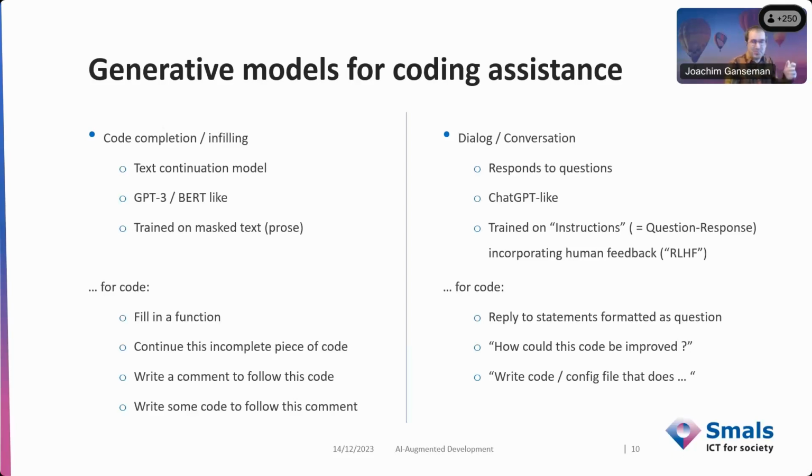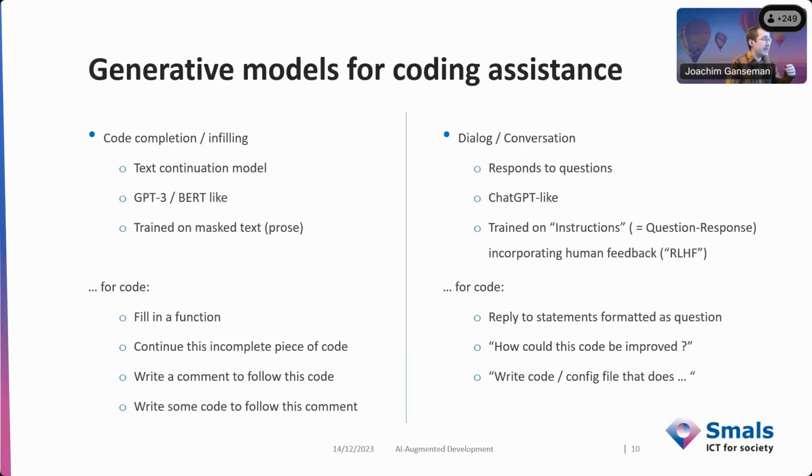And this is the same difference as with prose, as the text of a play is compared to the text of just a normal book, let's say. So these systems are trained differently. They're trained based on dialogues, based on question response, based on data sets such as Stack Overflow.